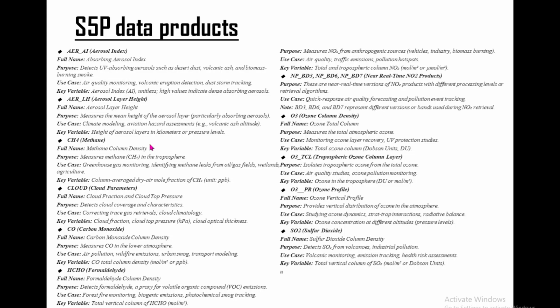Next is methane, CH4. It measures the methane column density within the troposphere. It is used for greenhouse gas monitoring because methane is a greenhouse gas.